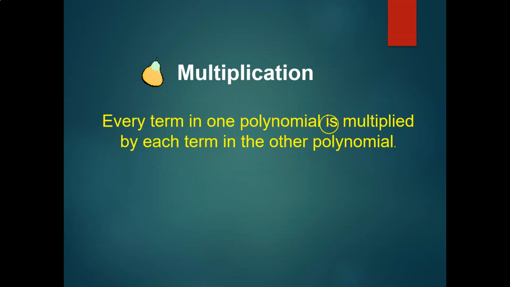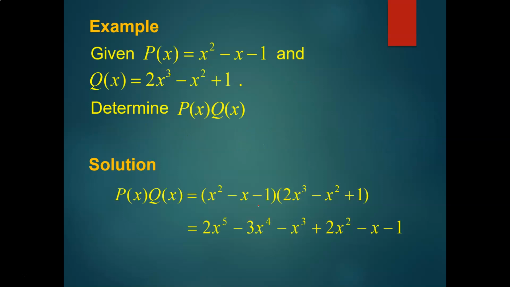Every term in one polynomial is multiplied by each term in the other polynomial. Okay, maksudnya setiap term, setiap sebutan dalam satu polynomial tu, kita kena darabkan dengan term yang satu lagi untuk polynomial yang seterusnya.